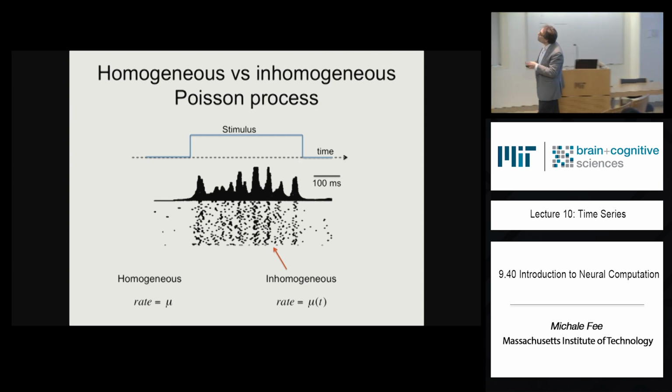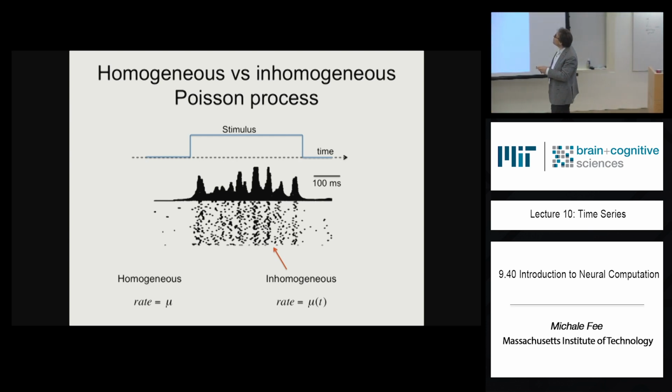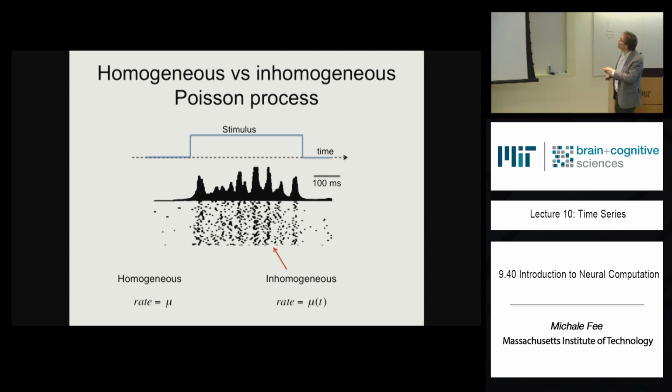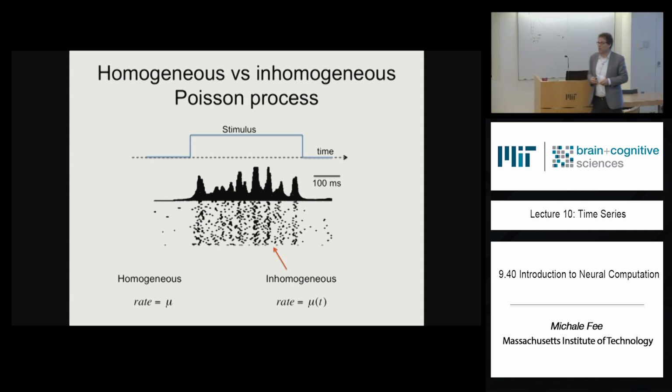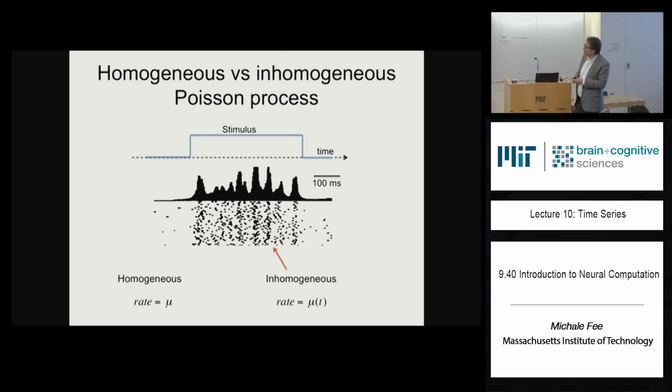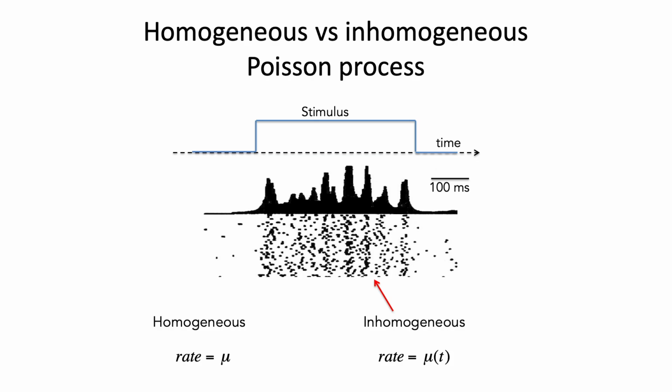All right, I just want to introduce you to one important term: homogeneous versus inhomogeneous in the context of a Poisson process. A homogeneous Poisson process has a constant rate, mu.